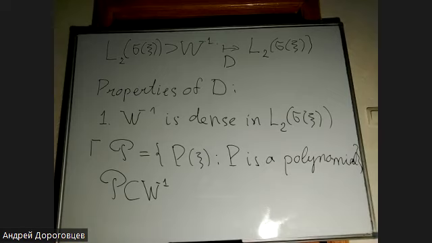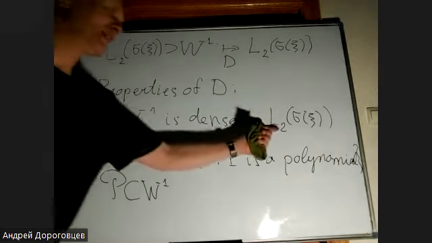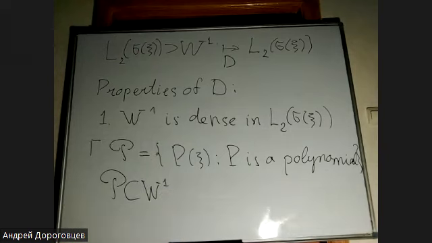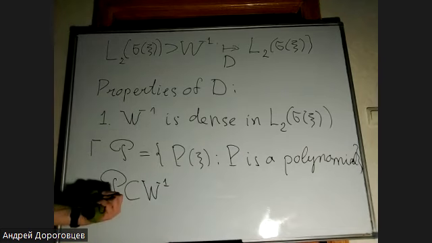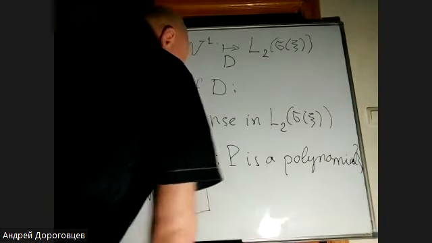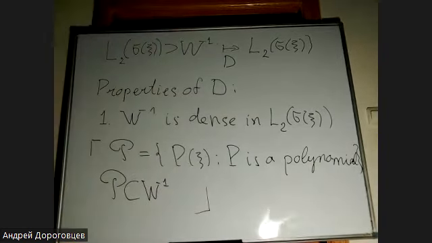And from the other side, we know that any random variable from this space can be represented as a series of Hermite polynomials. So partial sums of this series are exactly elements of W1. So it is trivial.